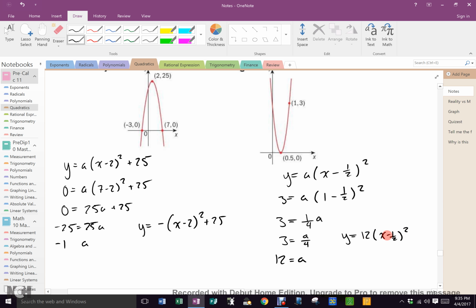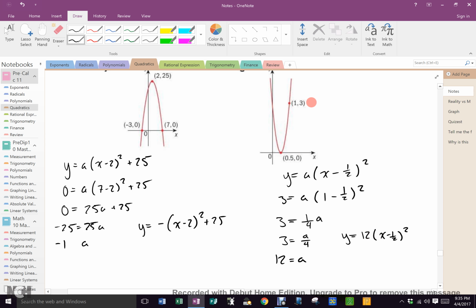So now I go to here, and I go y equals 12(x minus 1/2) squared. Now, that looks weird, so I want to check that. That means if I go over 1, I should go up 12, yes? So here, 0.5 over to 1, I'm going over a half, but I'm going up 3. I'm supposed to go over 1 and up 12, right?